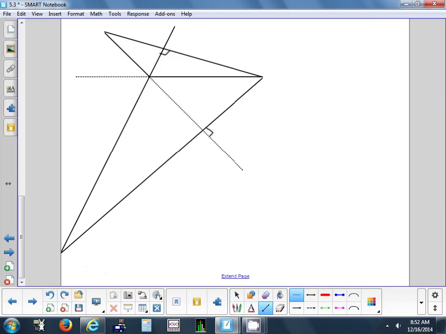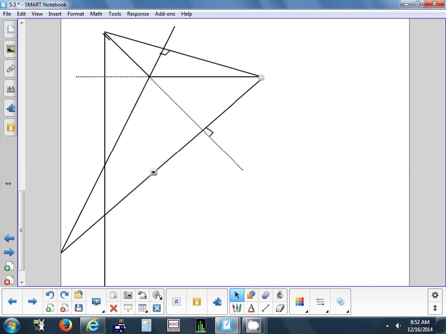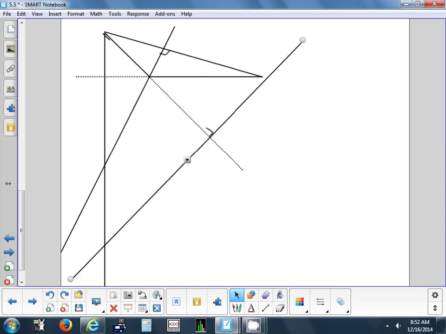Okay, and we've got one more. Drawing it from here, perpendicular to the opposite side. I think a couple of my angles are a little bit off because they should all meet at a point. So let's see if I can try to fix that a little bit.